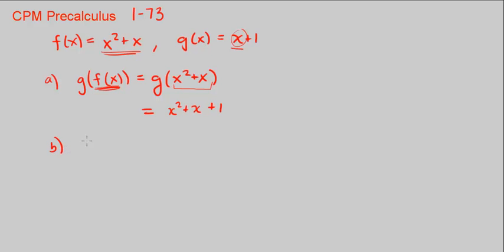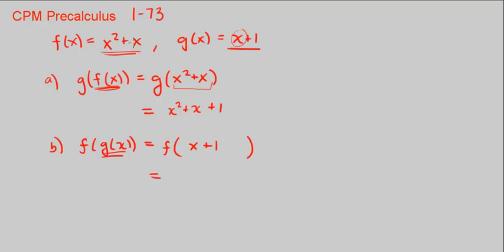Part B asks us, what is f of g of x? This is similar, but now we leave f on the outside and substitute g of x, which is x plus 1. Now this is f of x with the argument no longer being x, but x plus 1.